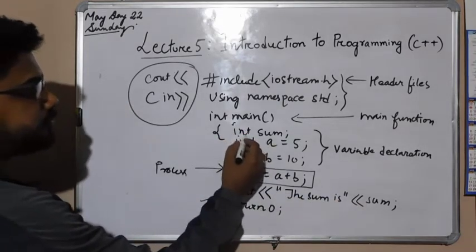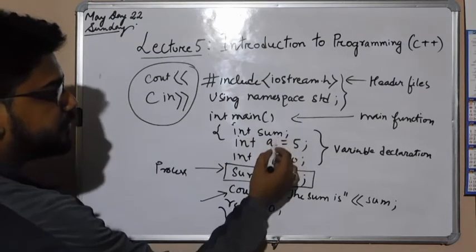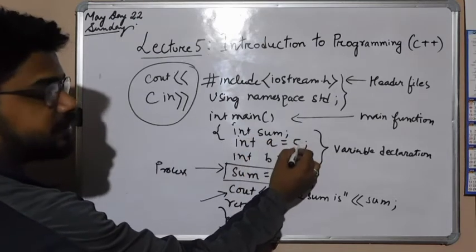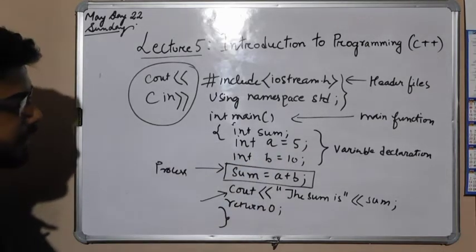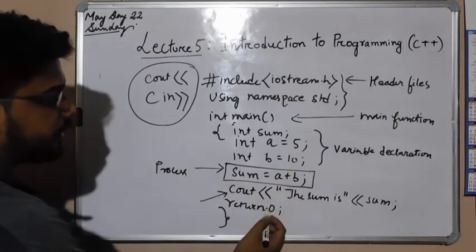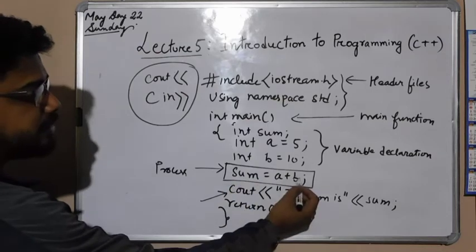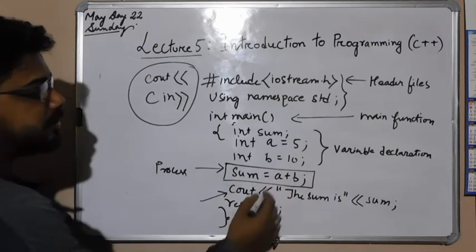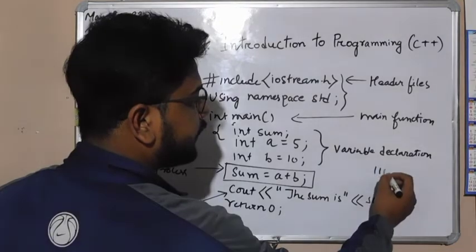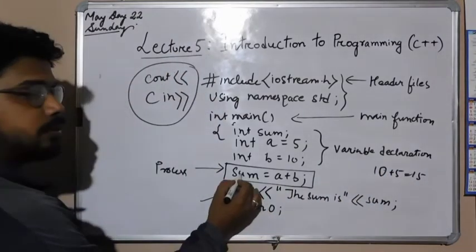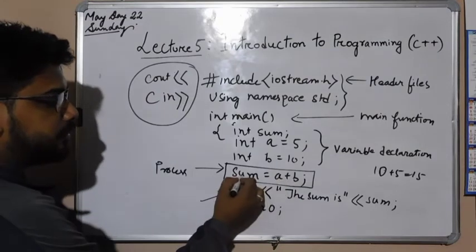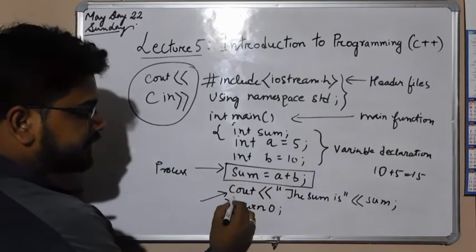Now, int sum, this is one variable, int a equal to 5, this is another variable, and you have int b equal to 10 as some other variable. Okay. Now, sum equal to a plus b. When sum equal to a plus b, that means what? Whatever values you have given. For example, 10 plus 5, the result is 15. So 15 will be stored in here, and at last cout means what?